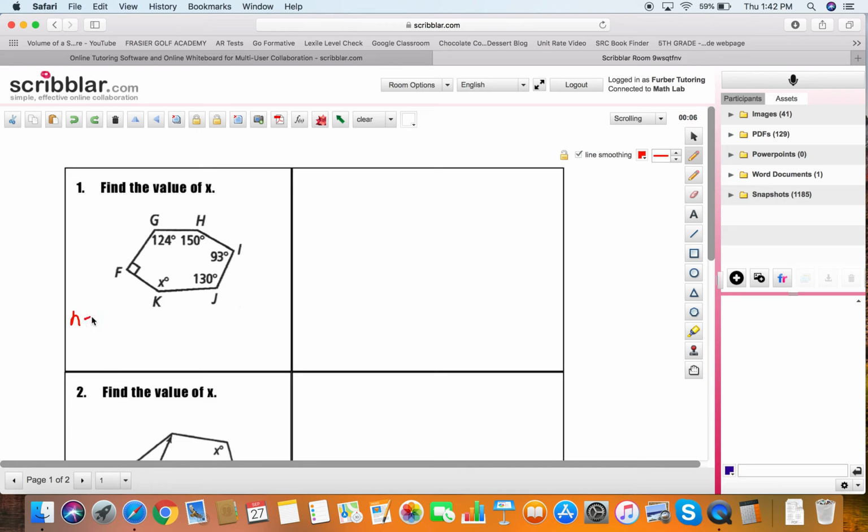A hexagon would be, we're using this formula, n minus 2 times 180. There are 6 sides on a hexagon. When you take off 2 of the sides, that would form 4 triangles. So 3 times 180.